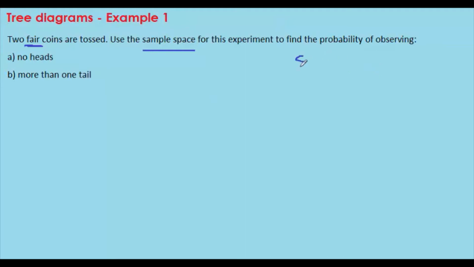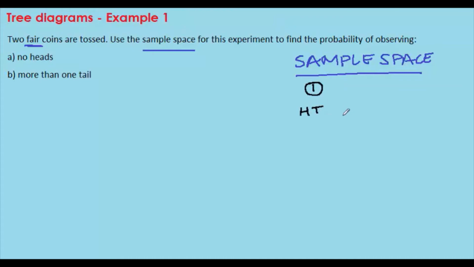Remember, the sample space talks all about all possible outcomes. So my sample space will be that I could have, from the first coin, let's call it coin 1, heads or tails. And then from the second one, I could have heads or tails.